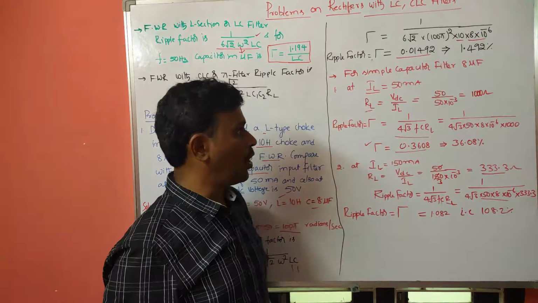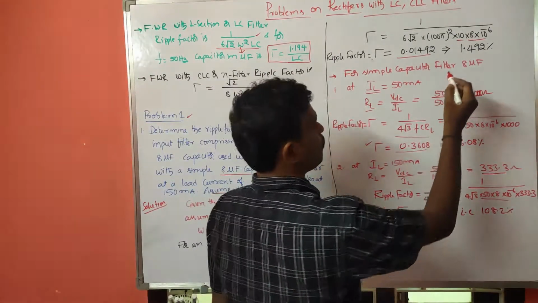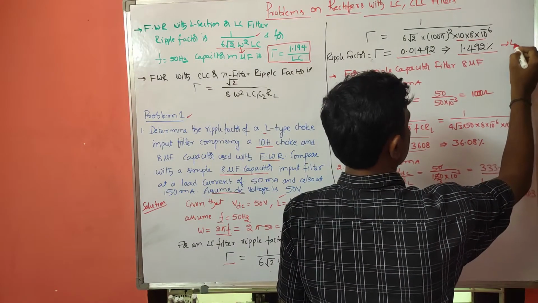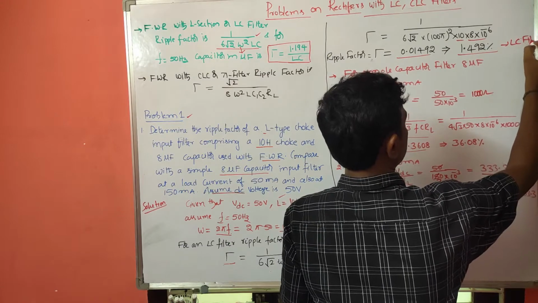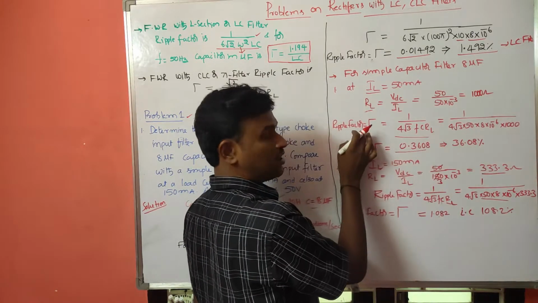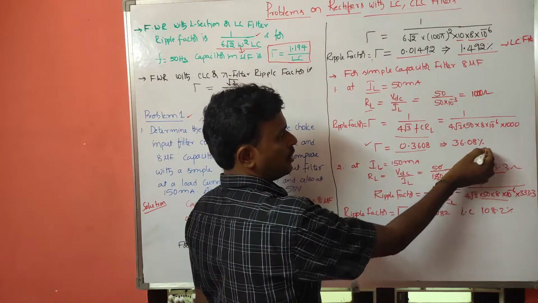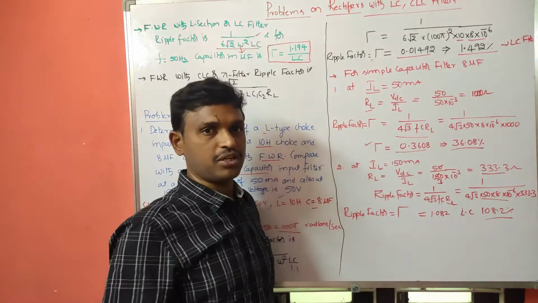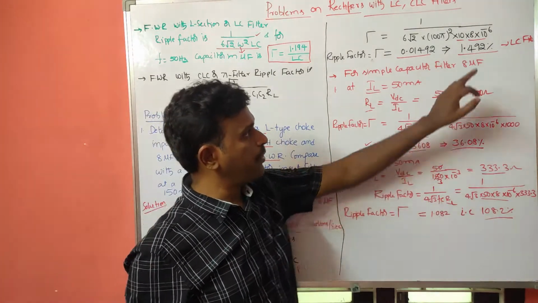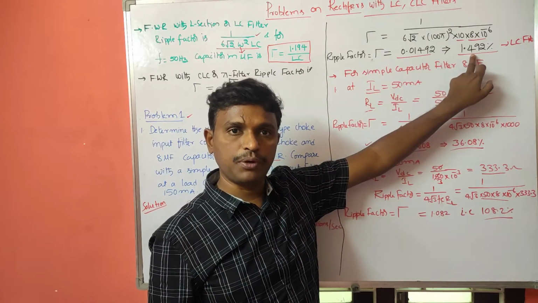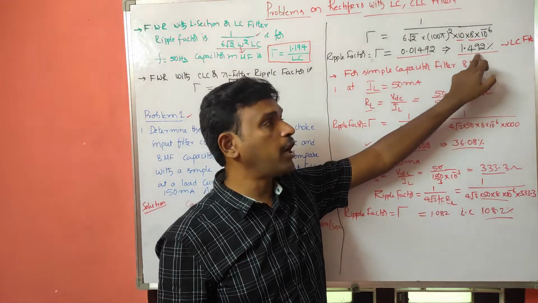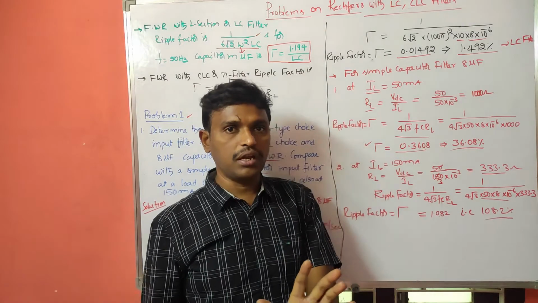So if you compare all these ripple factors, what we got for the L section filter or LC filter, and this is another value, that is the simple capacitor filter ripple factor. If you observe this one, how much percentage of ripple is present here? That is 1.492% only in the LC filter.